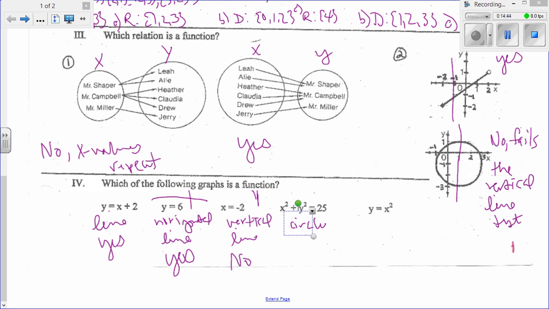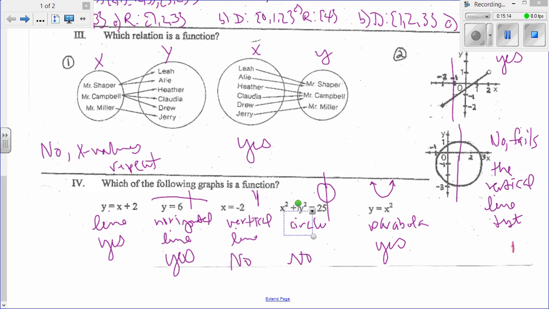This is a circle. And a circle certainly does not pass the vertical line test. So this is a no. Y equals x squared. That is a parabola. Okay? Parabola y equals x squared looks like this, and that would pass the vertical line test. So that would be a function.